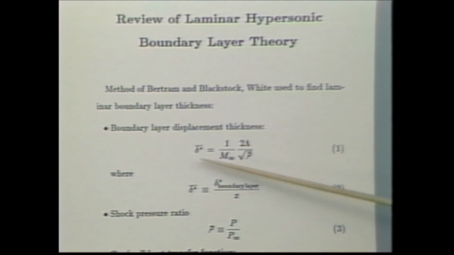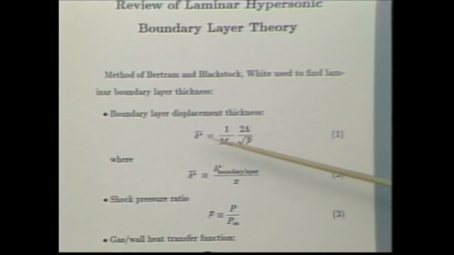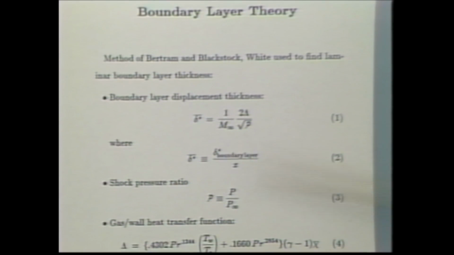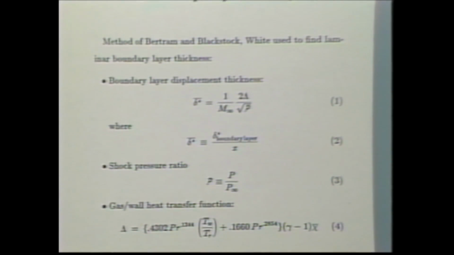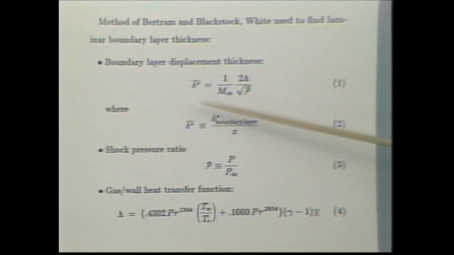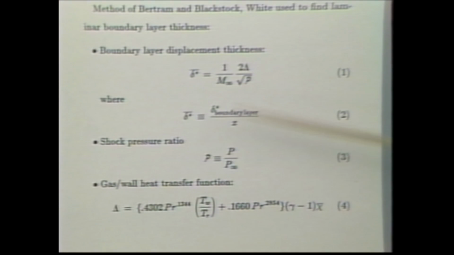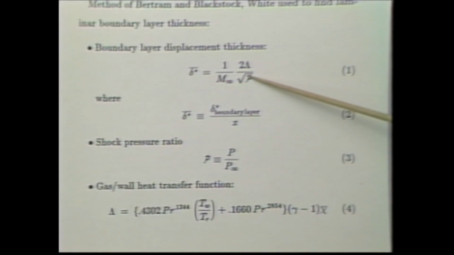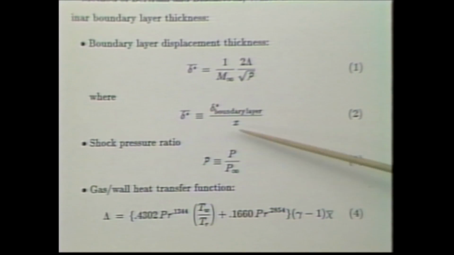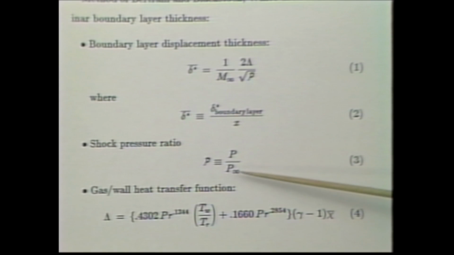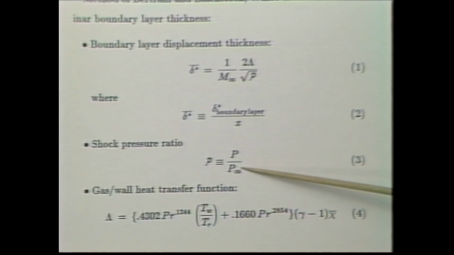Just looking at the equation which describes the boundary layer displacement thickness for a hypersonic flow, a couple of features become obvious. One, the displacement thickness scales inversely with the square root of the pressure ratio across the shock wave that's sitting above that boundary layer. Now, yesterday you learned about the tangent wedge method.